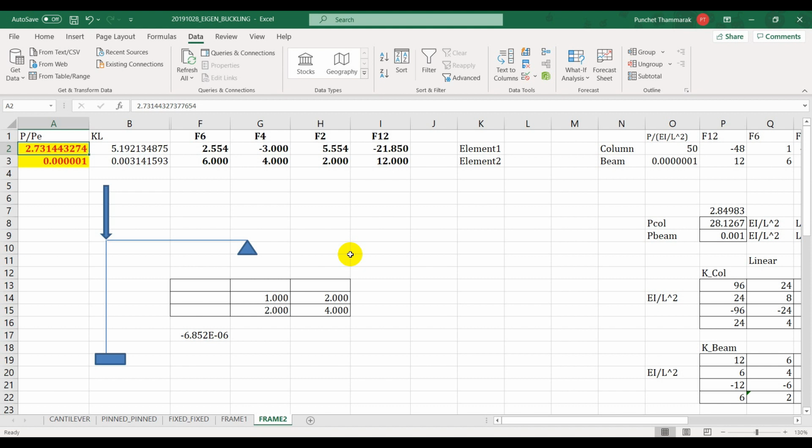Next class on Thursday in this room, we will look more into the frame structural analysis using the stability function or geometric stiffness matrix. Also, we will look more into the buckling load of the frame. This is just the simple kind of frame we will deal with, just 2 members.